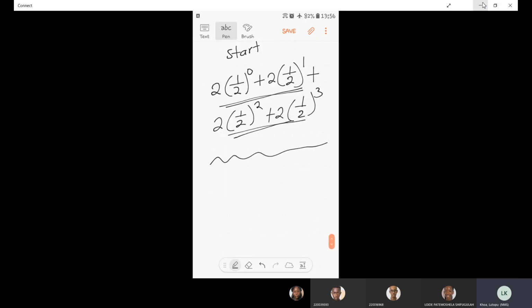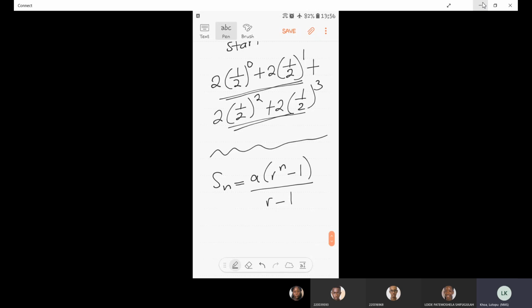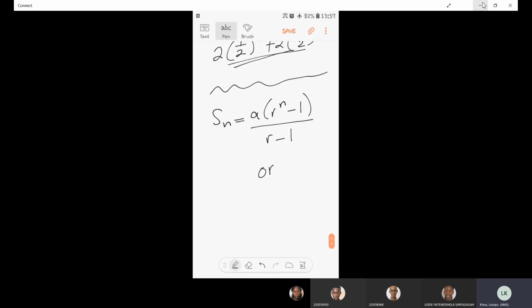So with the sum of a geometric sequence, we say S_n is equal to a (r to the power of n minus 1) over (r minus 1), or you can use this formula, S_n is a (1 minus r to the power of n) over (1 minus r). Whichever formula you use, your answer will be exactly the same.